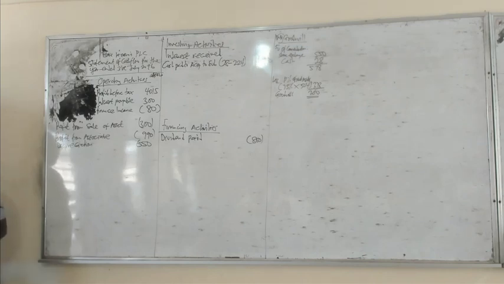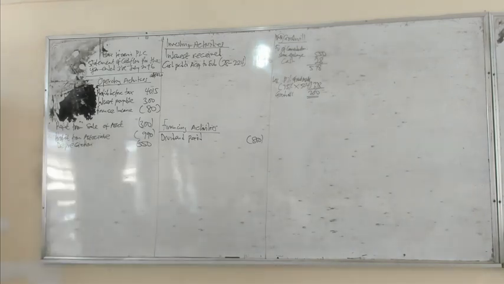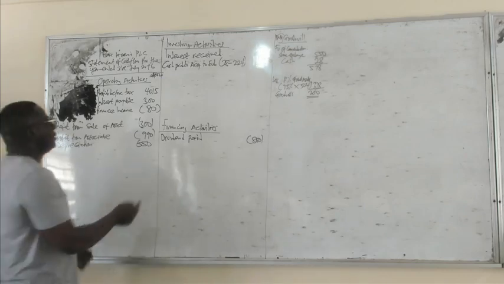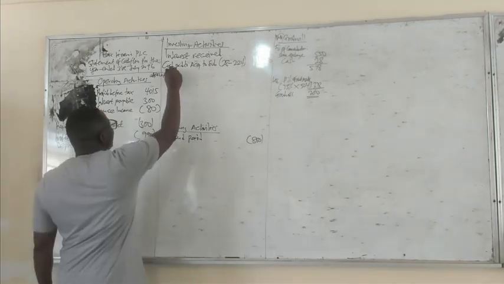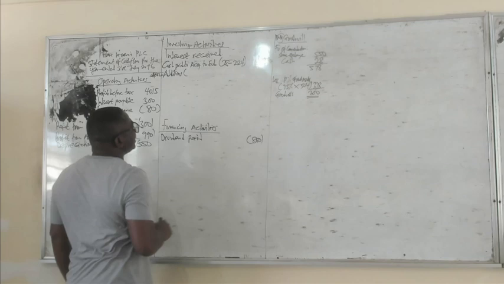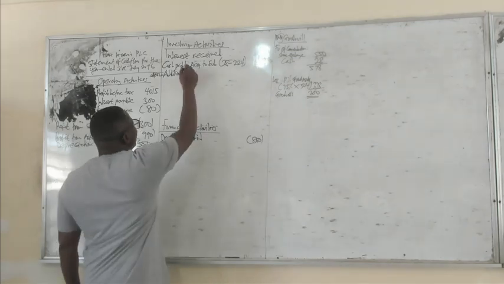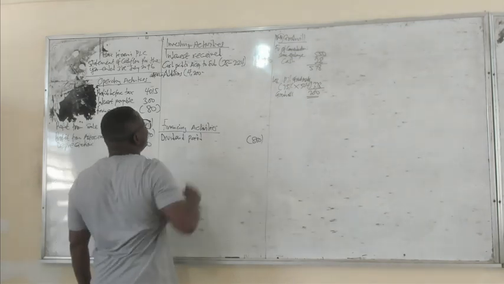Addition for the year. Please, have you seen the addition for the year? 4,200. So we come here, then we write addition. But with addition, we need only the cash addition. So don't just write the total addition, because we are saying addition for the year is 4,200.